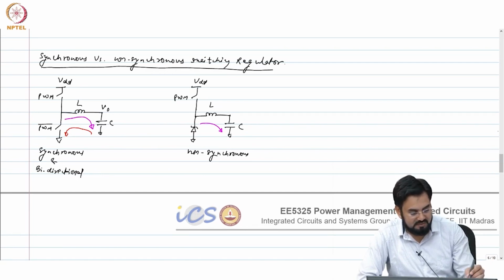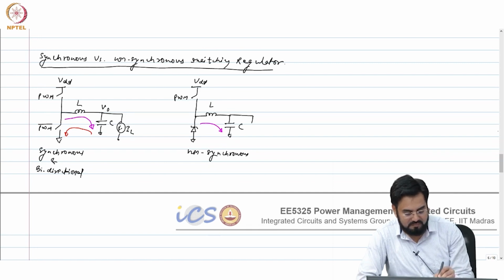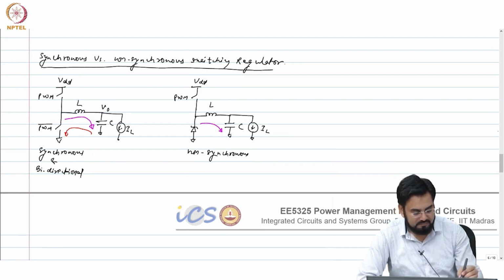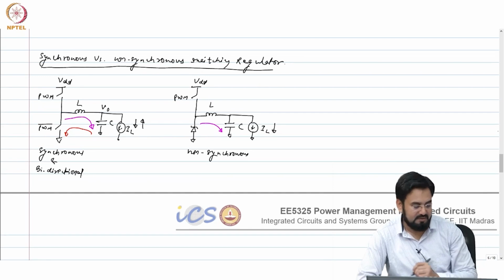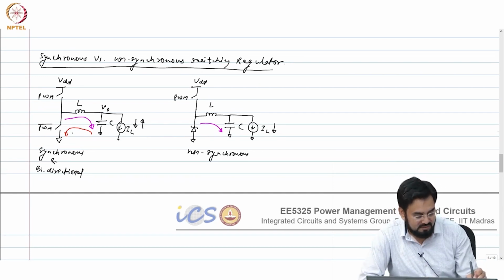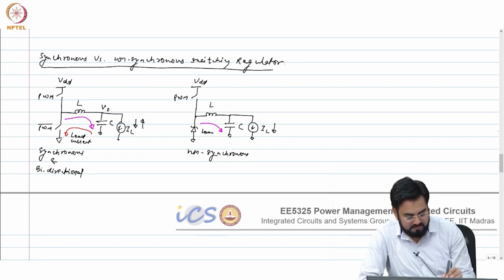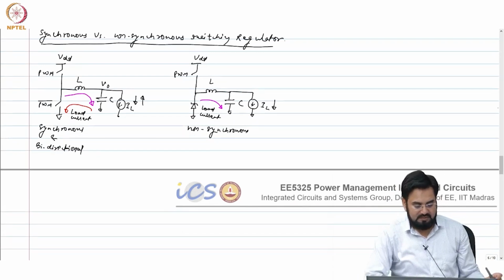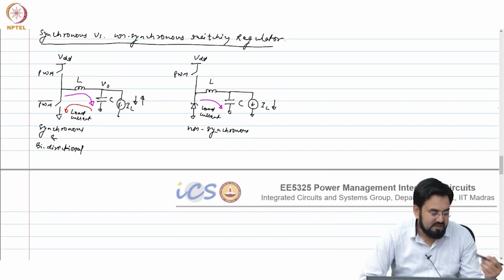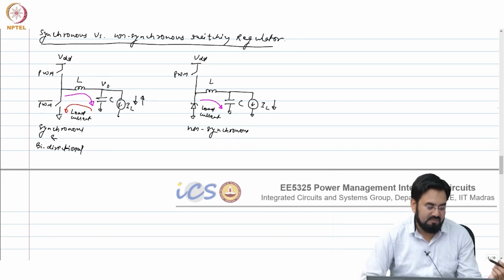So, if this is your load, the load current can go like this, or like this, whereas here the load current can always go like this. There is the advantage of having a bidirectional converter. So, we will talk about that later.